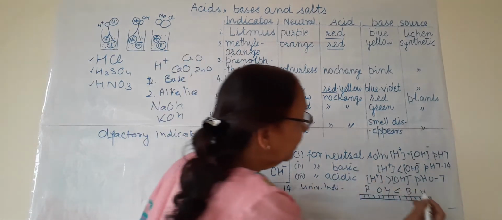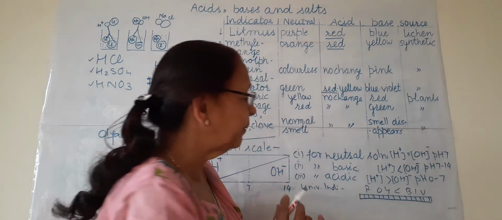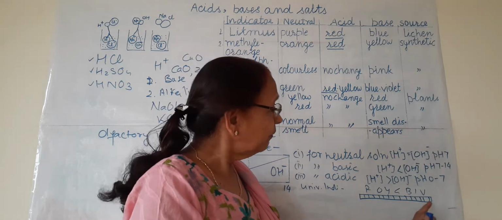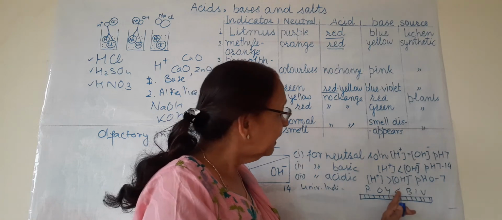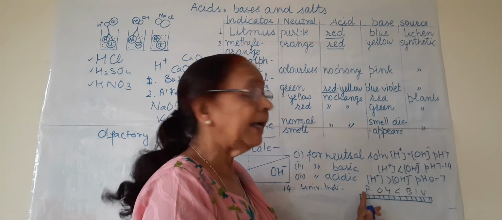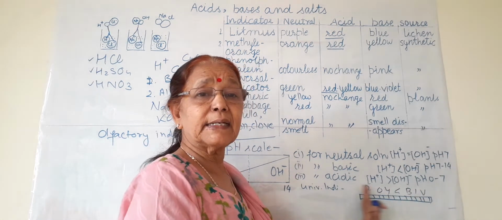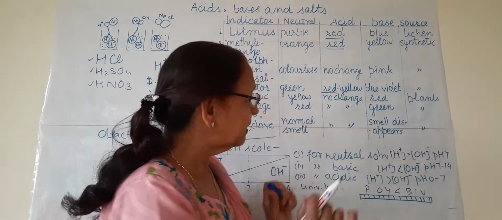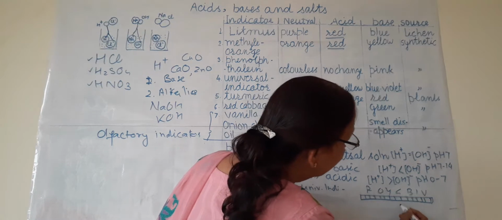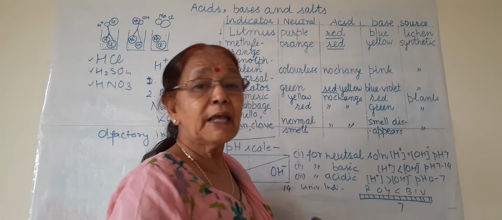This color chart it is like a Vibgyor. All of you know Vibgyor. From this side, this is violet, indigo, blue, green, yellow, orange and red. Like this, these colors are graded on the strip or the color chart of this indicator. And this green, it has 7 pH.